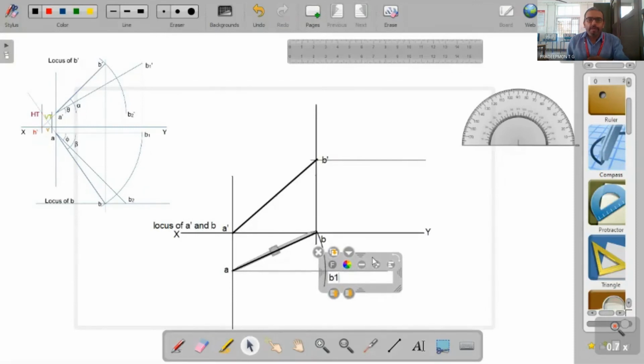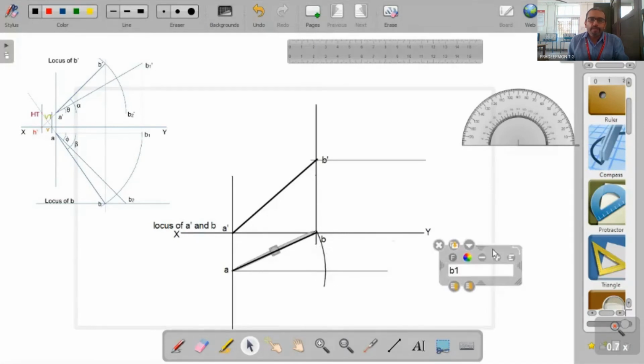Now B1 dash is a point which is lying on the locus of B dash. So from this point, you draw a vertical line, a line which is perpendicular to the XY line and which intersects our locus of B dash.